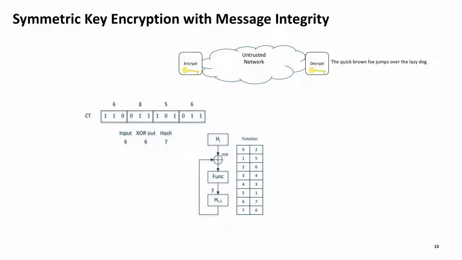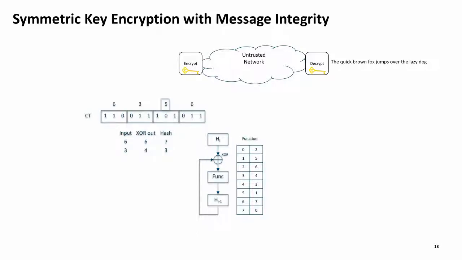The next block is 3. So we will put that in our table and into the hash. It will be XORed with the previous result, 7, producing 4, which will be put into our table and into the hash function lookup table. The result of that is 3, which just jumped into our table.